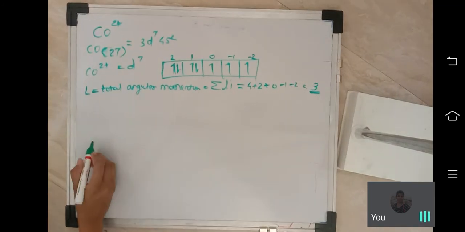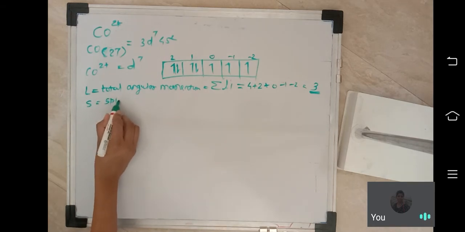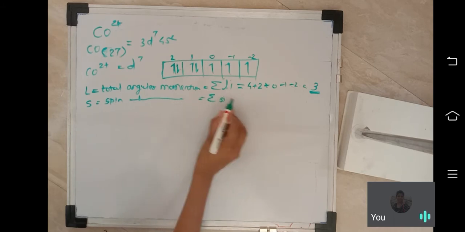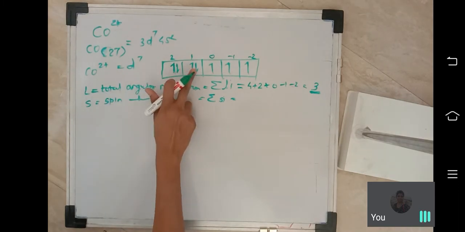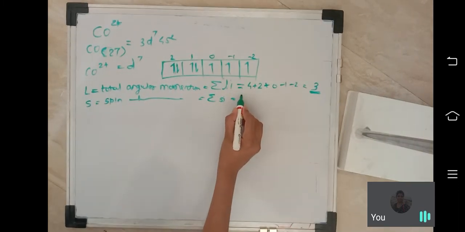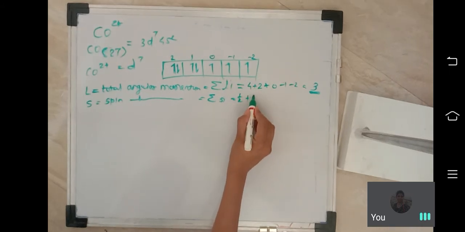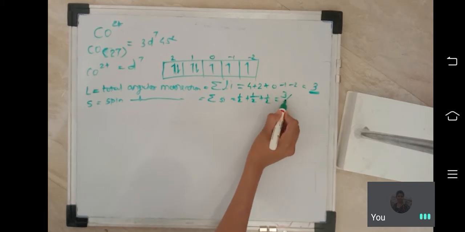Then S is spin angular momentum, the summation of Si. How many here? Plus half and minus half get cancelled, plus half and minus half get cancelled. That means half plus half plus half, that means 1 upon 2 plus 1 upon 2 plus 1 upon 2, that means 3 by 2.